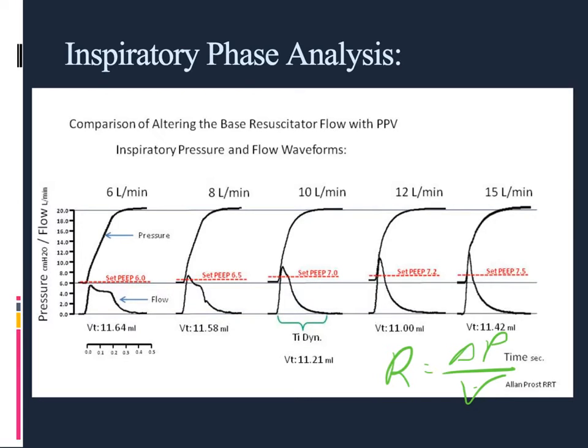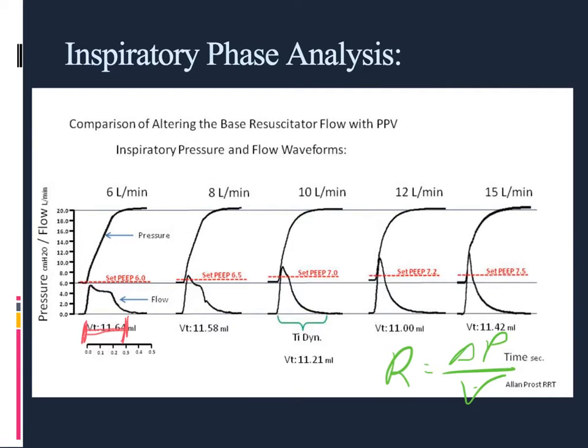One more significant observation I think you can make from this data is that the TI dynamic, the amount of time it takes for equilibrium to be achieved at the lower flow rates, is quite a bit different than when you set the background flow rates a little bit higher.